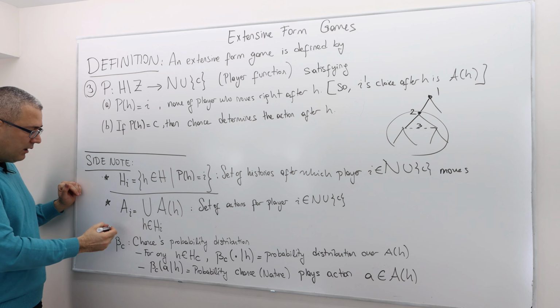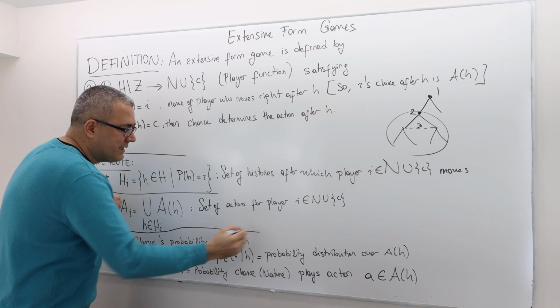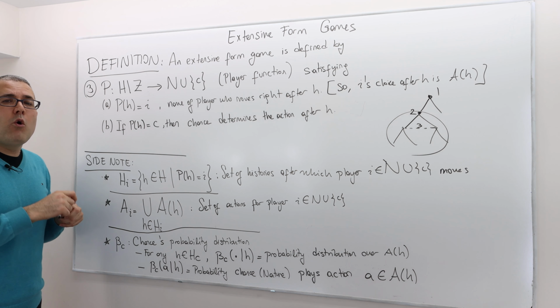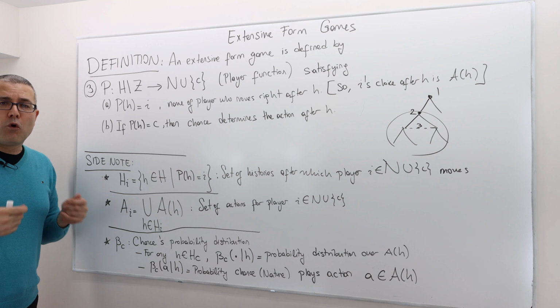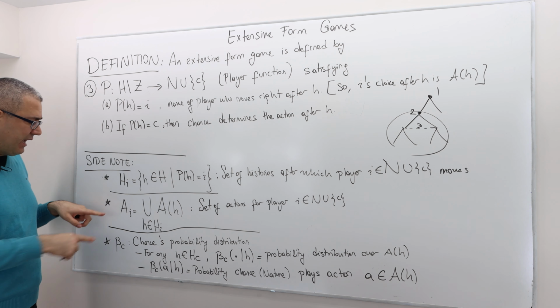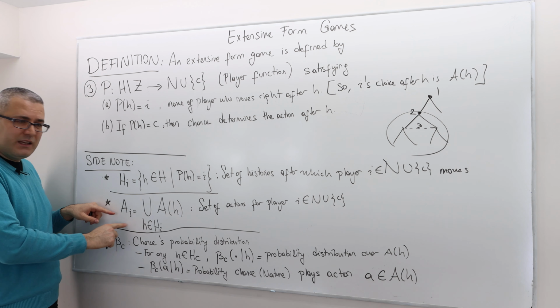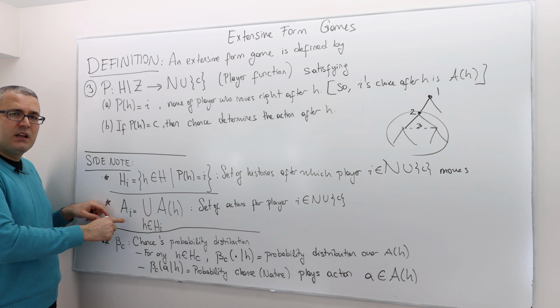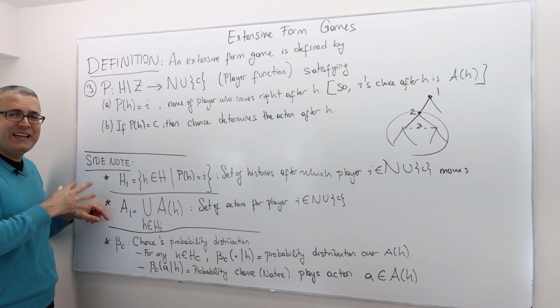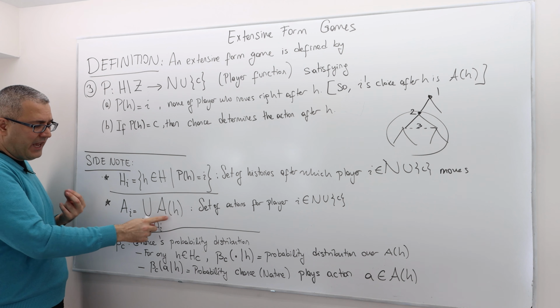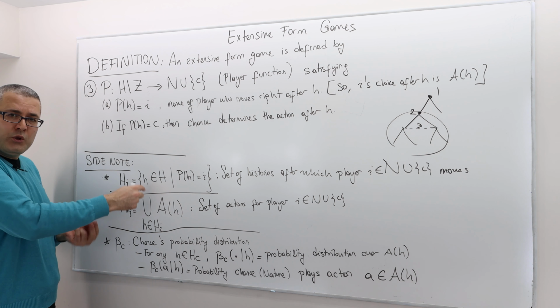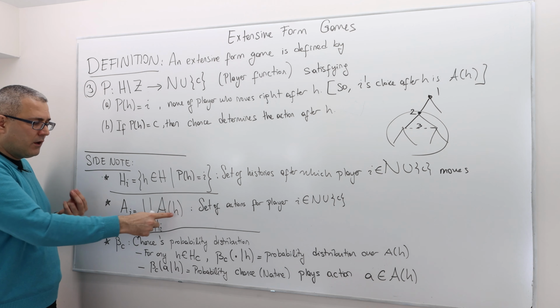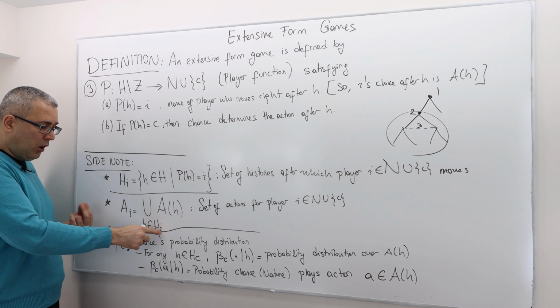Okay? We can also talk about all available actions for player i in the entire game. How so? Well, A sub i is all the available actions that player i can choose in the entire game, which is basically A sub H union over all the histories that belong to player i.